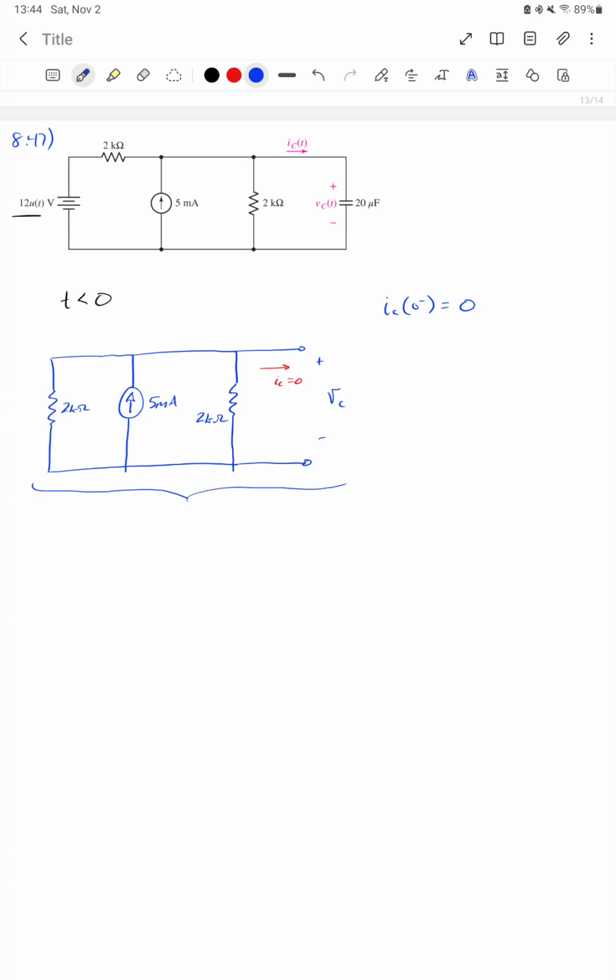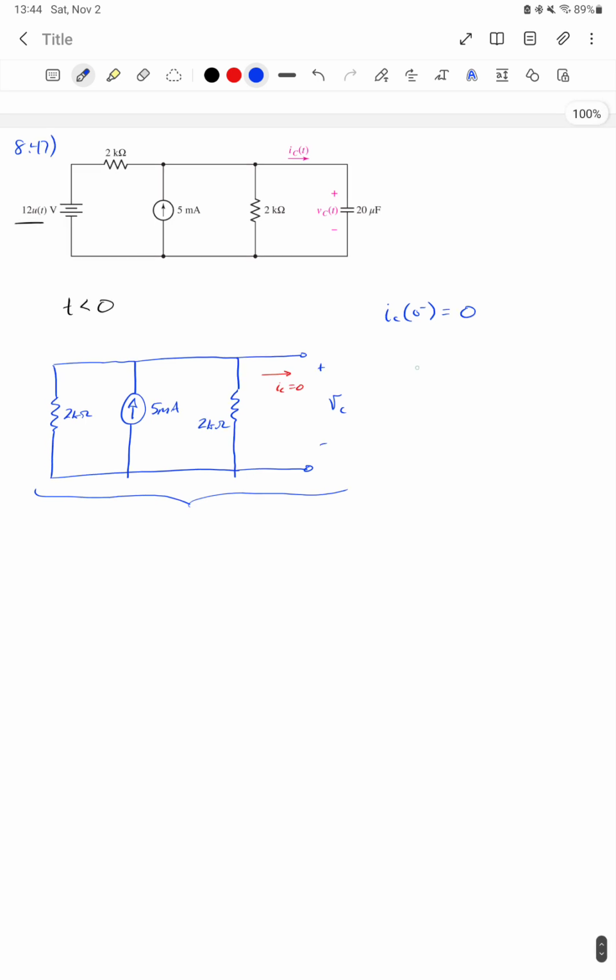Actually, we're probably just going to find the Norton here because when you're deriving your differential equation and when you're finding initial values and such, you're really looking for a lot of the currents. You're looking to find this VC, but when you're trying to do your differential equation, you're going to be using the currents, which is something else we're going to get to when you're doing the differential equations.